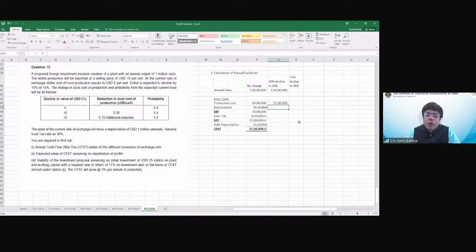Now, very important aspect. Please note. Depreciation is 1 million USD. But USD is depreciating by 10%. So what will be the value for you?